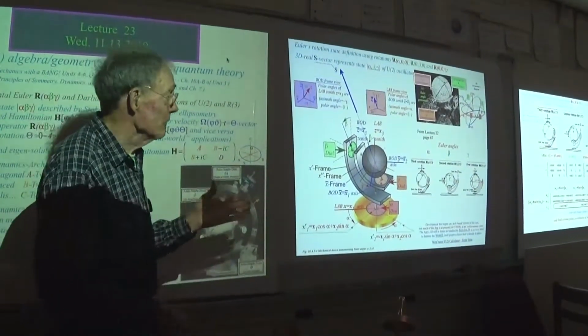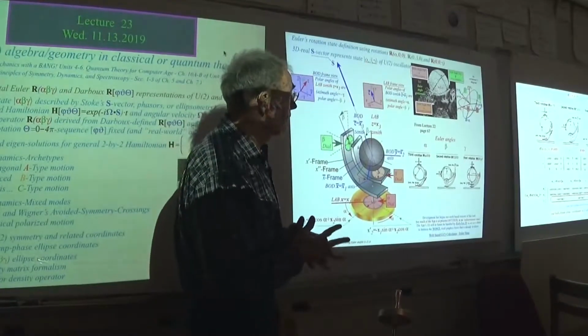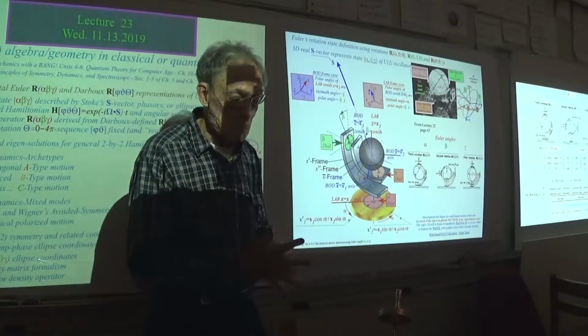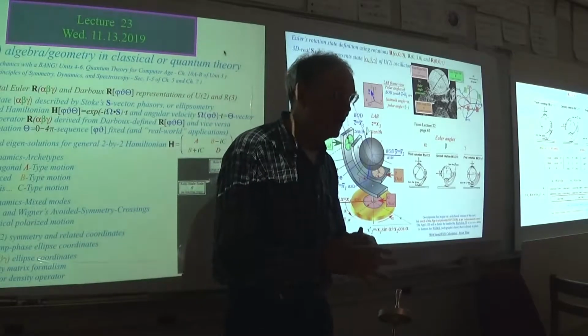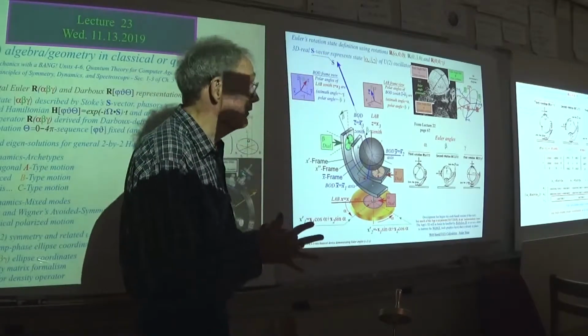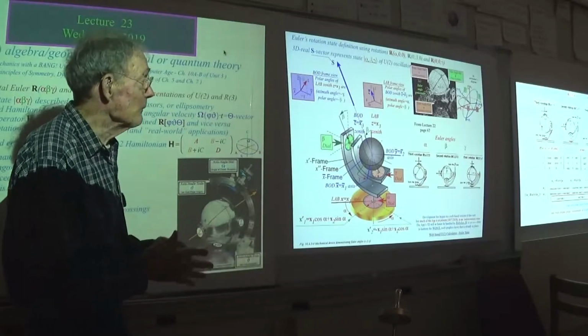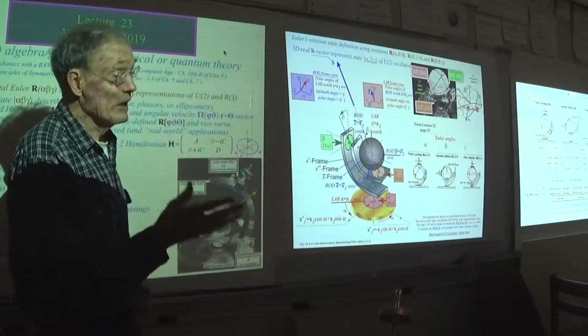Now we're getting ahead. The Euler angles are described in Unit 6, and since we don't have more than 14 weeks, we are getting stuff ahead of time. This isn't the first time that's happened, but most of the stuff that you see, the photographs and things, are in that, and I'll be handing that out.